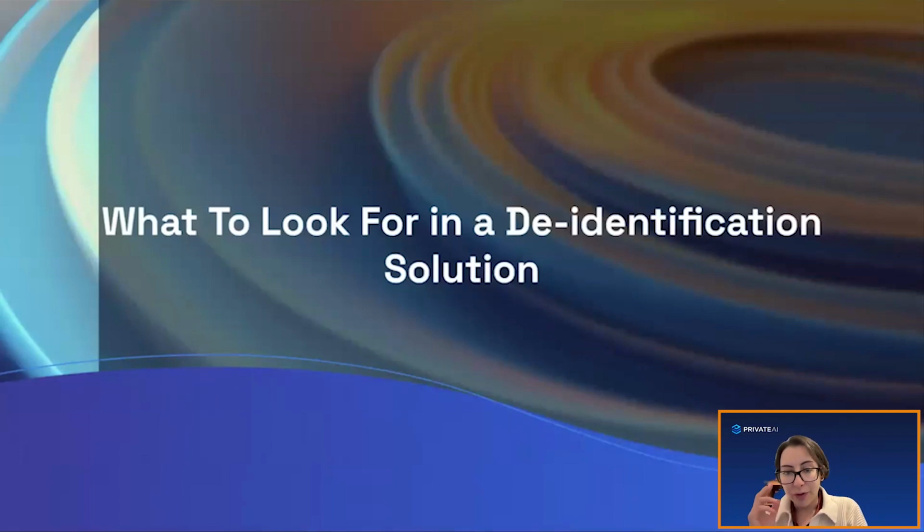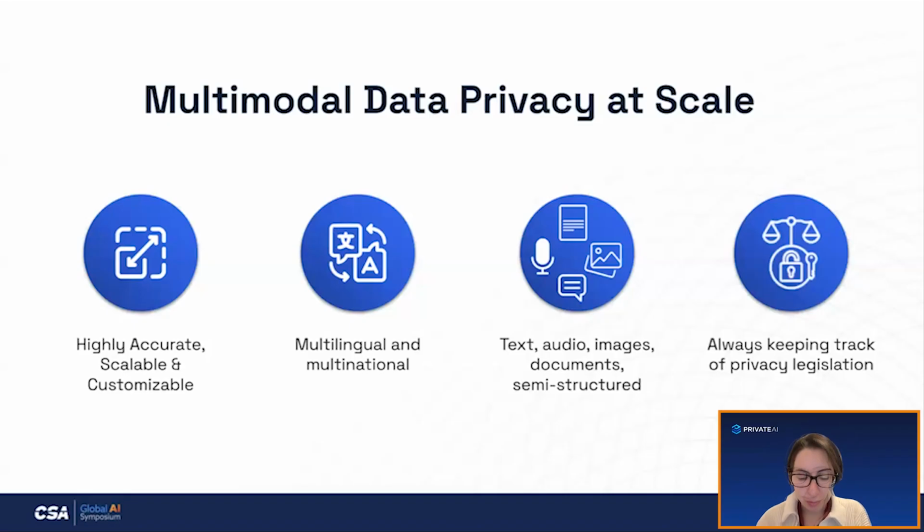I'll go over what to look for in a data de-identification solution slash data minimization solution, because it's a pretty complex problem to solve, and it can often be underestimated with regards to how complex it is. When it comes to a data minimization solution, you'll want to make sure that whatever you're choosing is highly accurate, really scalable, and really customizable for the entities that you are deciding to remove.